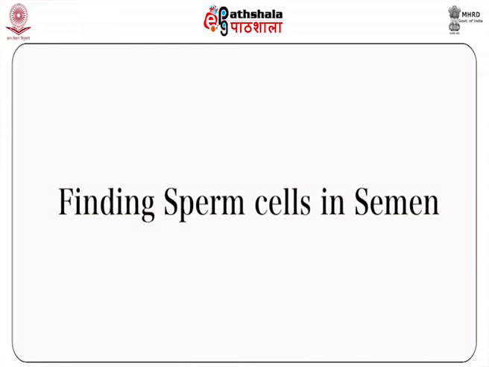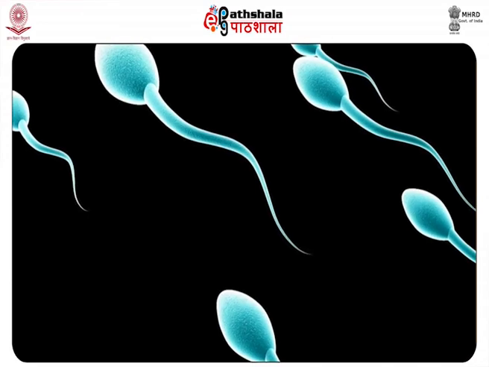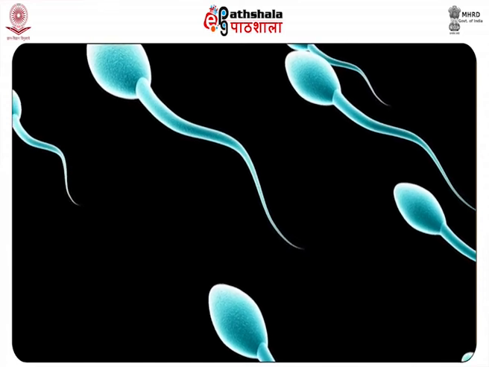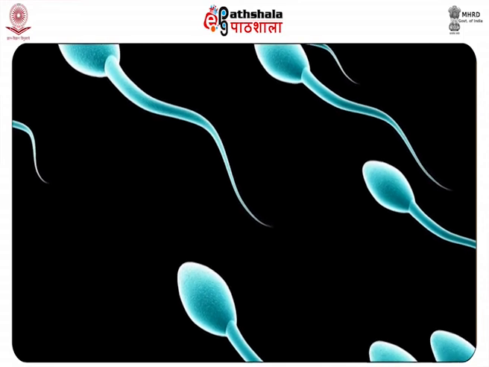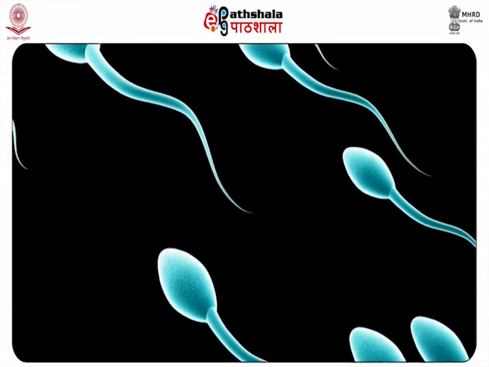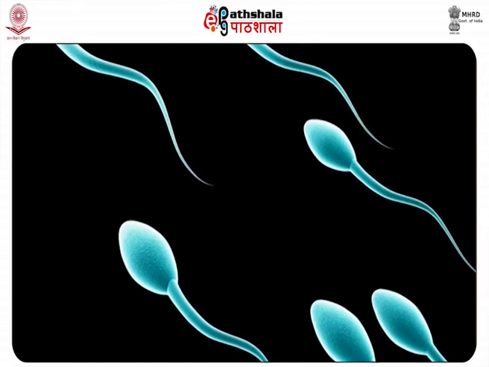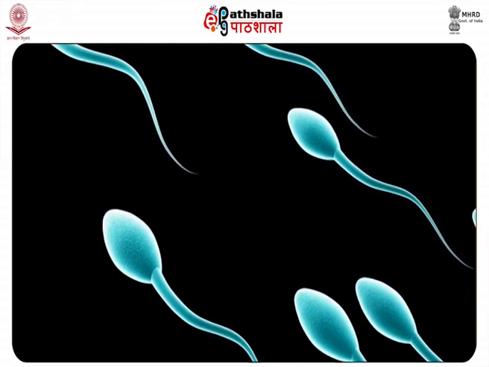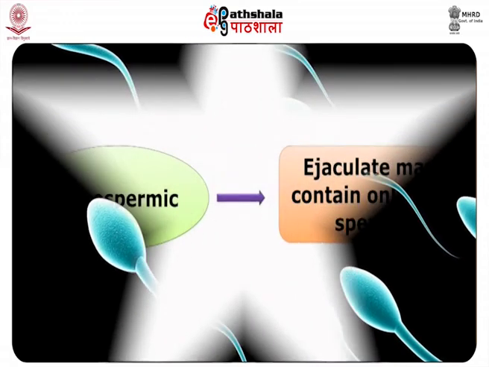Finding sperm cells in semen. The identification of one or more sperms is a conclusive proof of the presence of semen. However, there are difficulties in the identification of sperms due to several reasons.